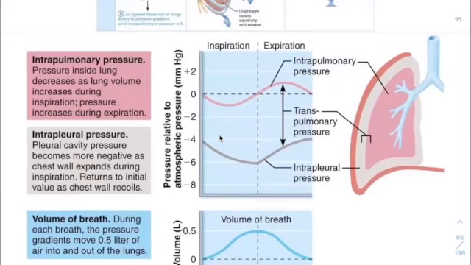The pink graph is showing the intrapulmonary pressure, so that pressure inside the lungs. What happens when we inhale and what happens when we exhale. You can see we inhale, the pressure goes down. When we exhale, the pressure goes up. Why? We inhale, we have more space in the lungs, which makes the pressure go down. When we exhale, we have less space in the lungs, which makes the pressure go up.